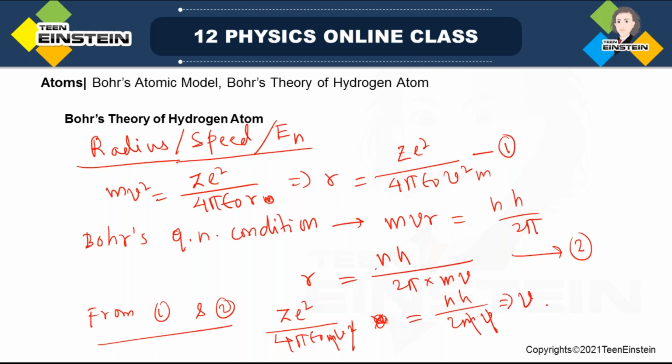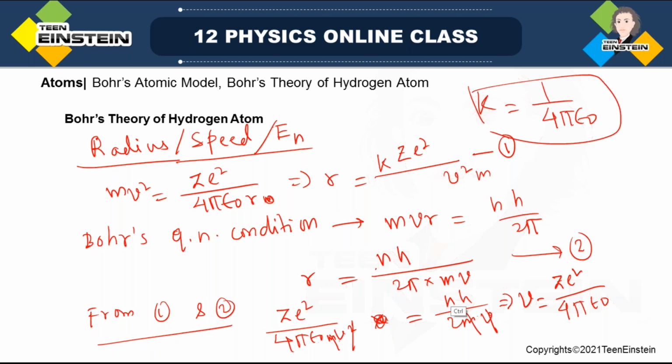Then from here v will be obtained as z square by 4 pi epsilon naught. Let us do one thing. We'll put this as k, so that we don't have to worry much. So k is 1 by 4 pi epsilon naught. Whenever required, we will use this value, so that things are a little bit simplified.